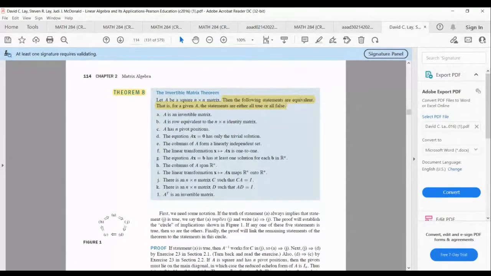They're all equivalent. This means that for a given matrix A, the statements are either all true or all false. Okay, so let's take a look at statements A and C. Statement A says that if A is an invertible matrix, then the matrix A has n pivot positions.